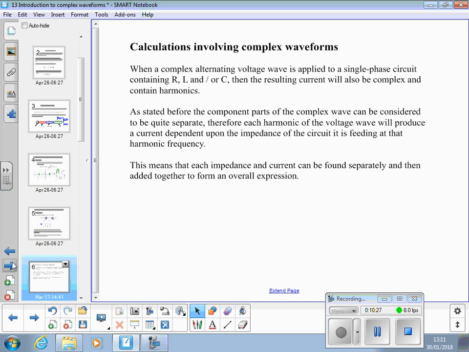The resultant current will also be complex and contain harmonics as well. So the current will have those same harmonic components, but not necessarily be in phase with the voltage.